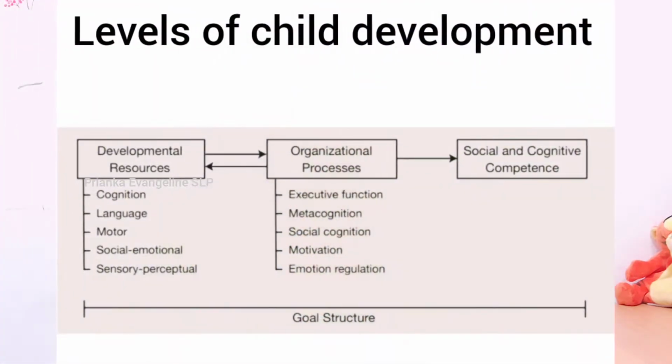This is the Developmental Systems Approach to early intervention. In this approach, you can see two important things: the developmental resources and the organizational processes. To help you better understand these two things, I am going to give you a small analogy. Imagine there's a war and you have soldiers. You can't just send soldiers into the battlefield and expect them to win the war.